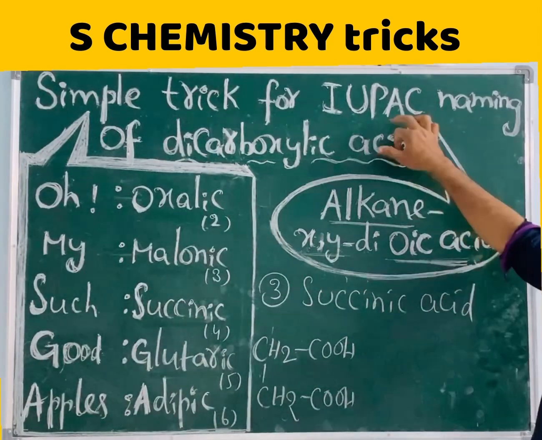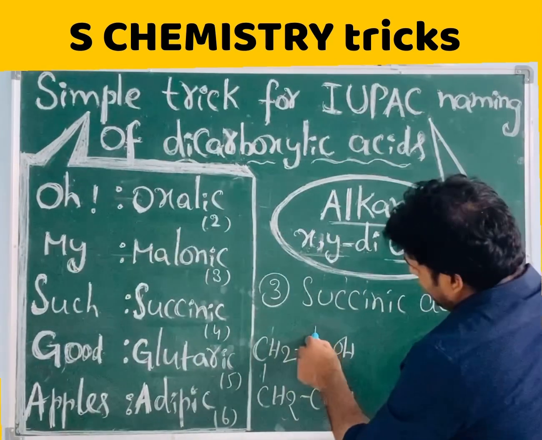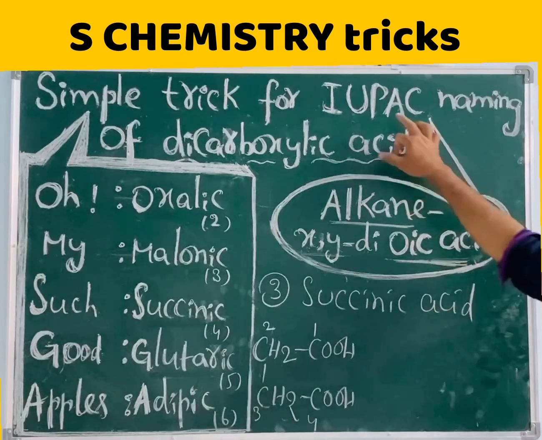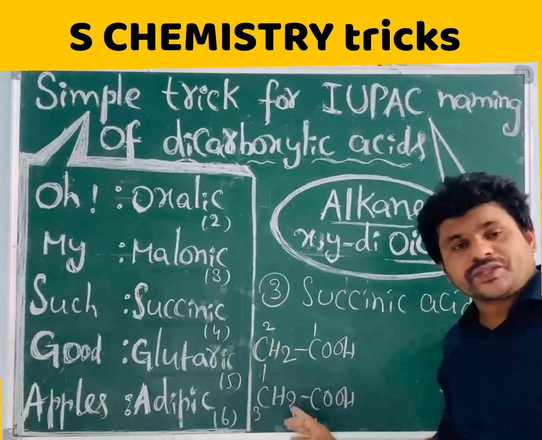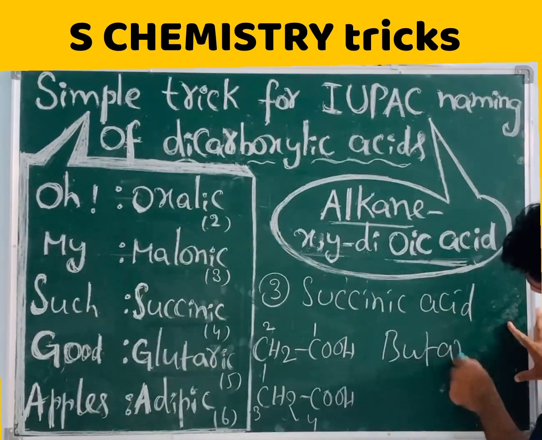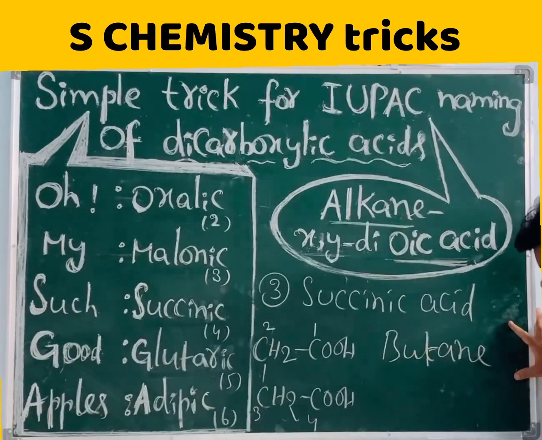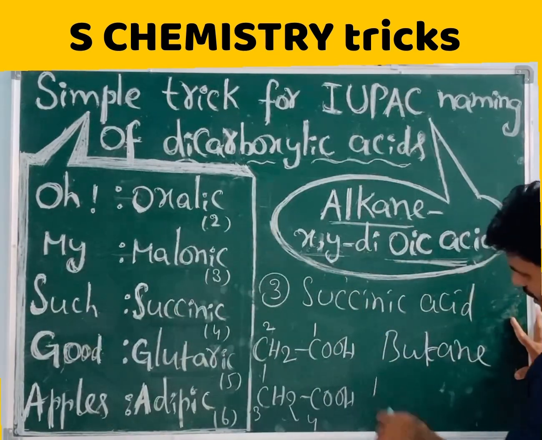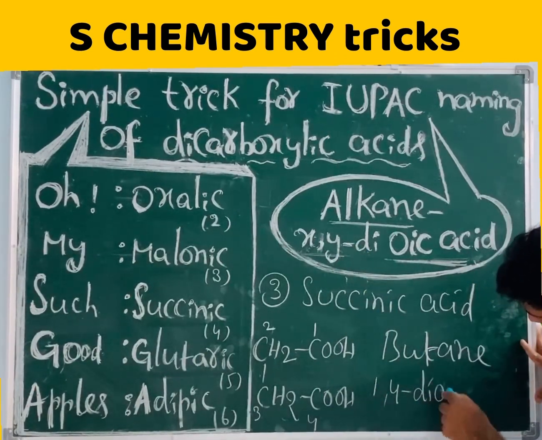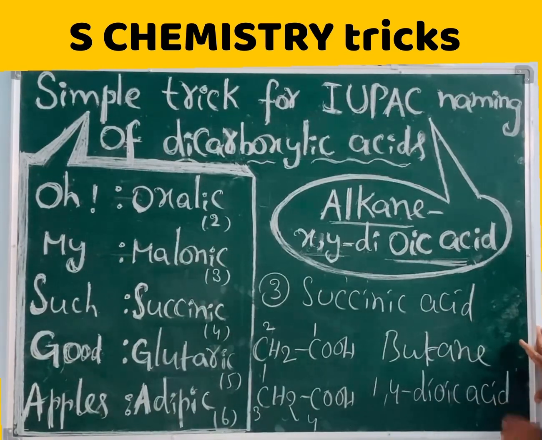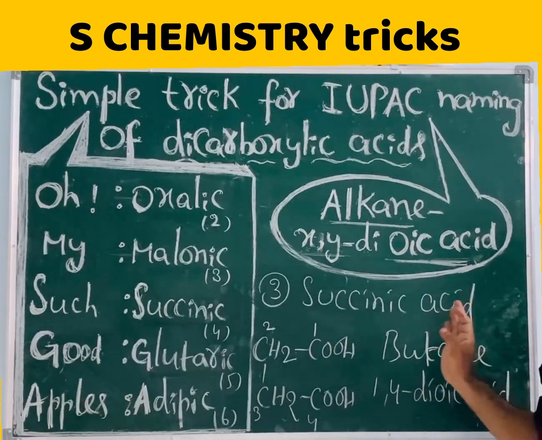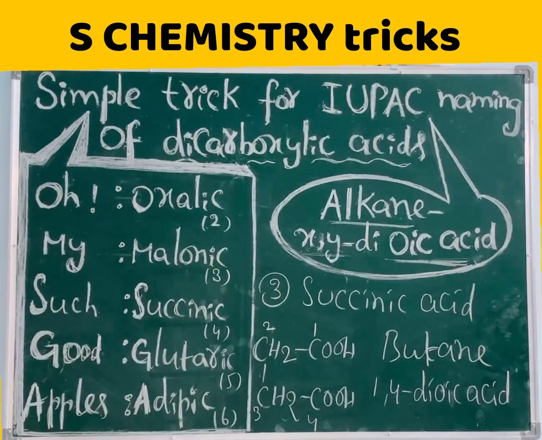According to IUPAC nomenclature, the numbering is 1, 2, 3 and 4. If 4 carbon atoms are present, the root word is but plus ane, butane, with X value 1 and Y value 4, the last carbon. So butane 1, 4 dioic acid is the IUPAC name of succinic acid.